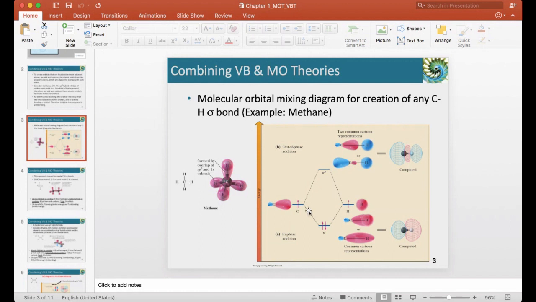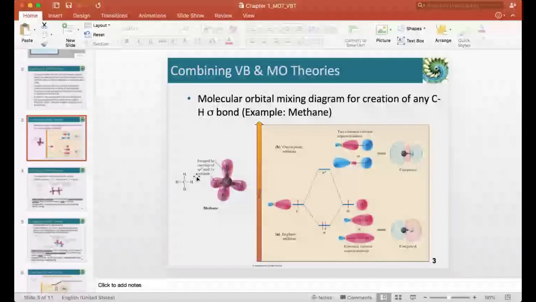So as you can see, according to the molecular orbital diagram, the 2 electrons are in a sigma bonding molecular orbital, which looks like this, which is also lower in energy as compared to the atomic orbitals that were used in this combination.